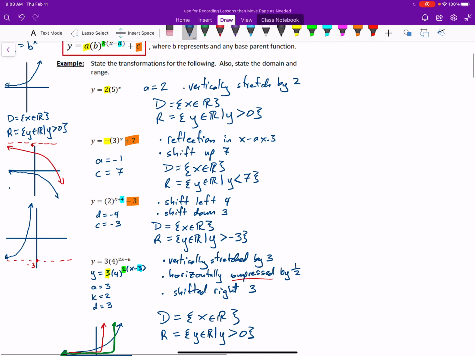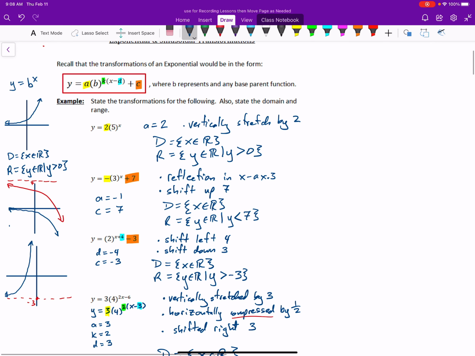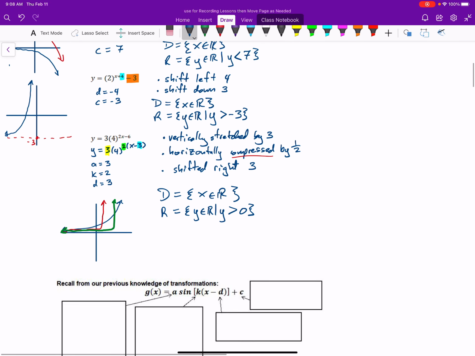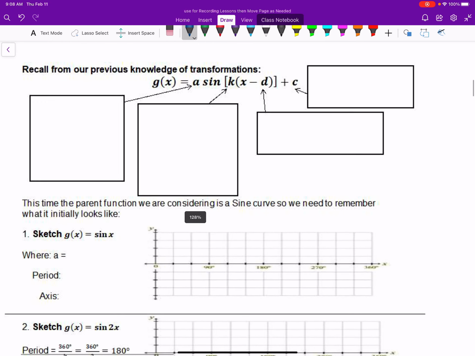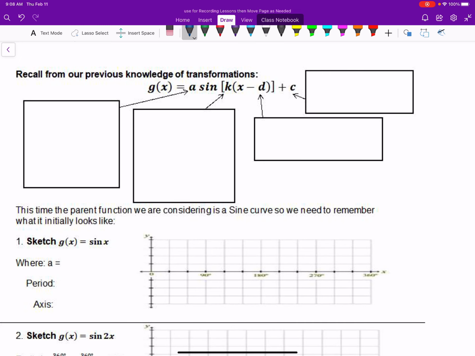So there you have transformations a, k, d, and c for exponential functions. Transformations are transformations no matter what kind of parent function we start with. So from our previous knowledge of transformations, as in a couple minutes ago, we still know that a is what comes first.